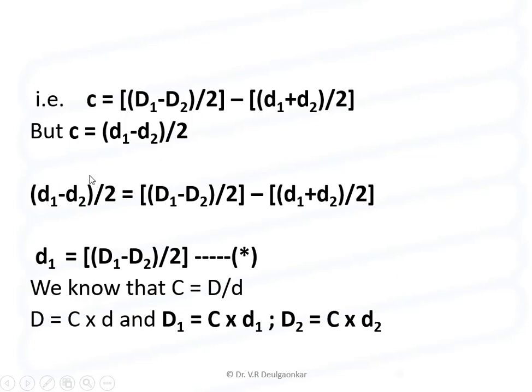Therefore we get d1 as (D1 minus D2) by 2. However, we know that the spring index C is D by d.